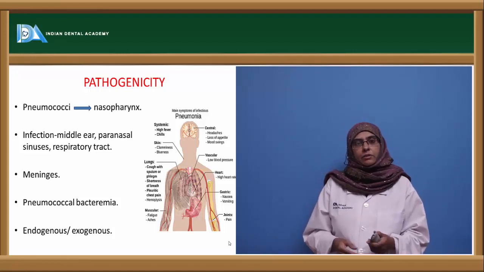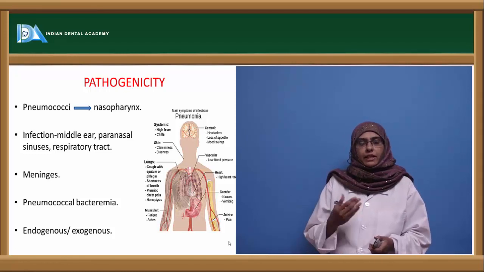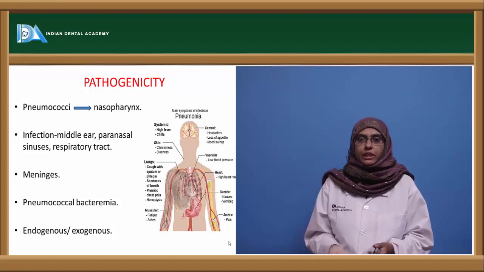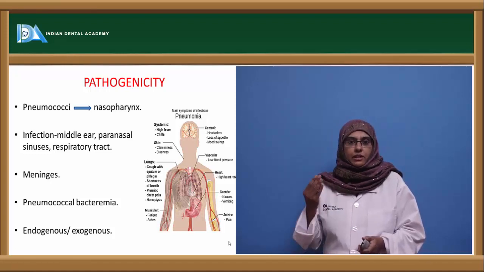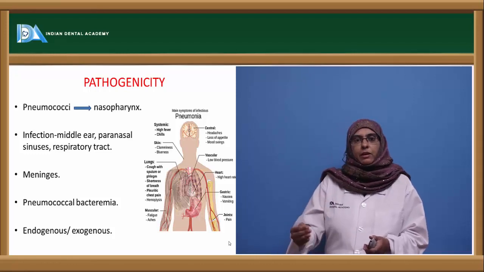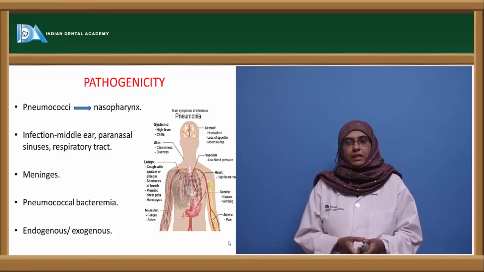The organism can cause meningitis when they enter the blood, usually in the form of bacteremia or in contiguity. That is, serially when they cause infection of a particular organ, immediately they cause infection of the nearby organ. So that is contiguity, where they can reach the meninges also and cause meningitis.